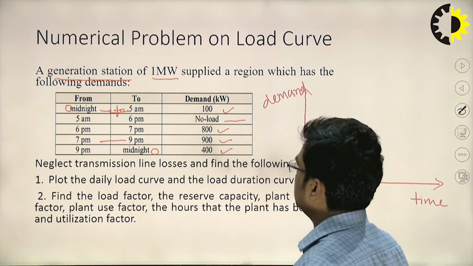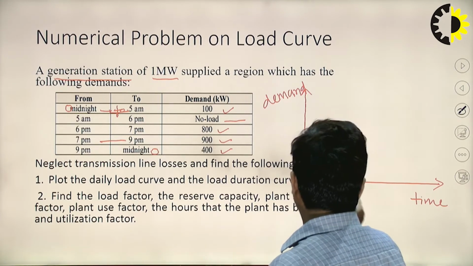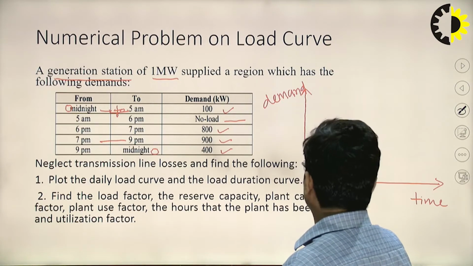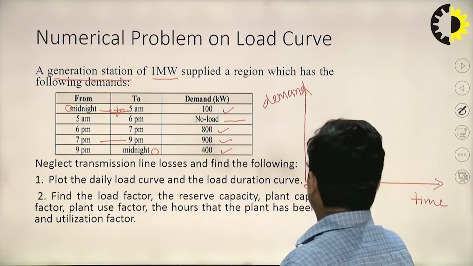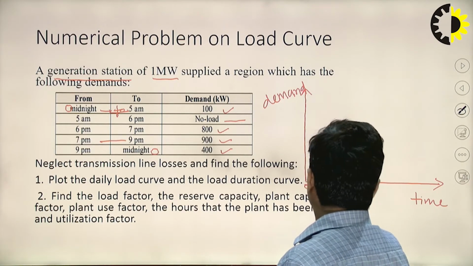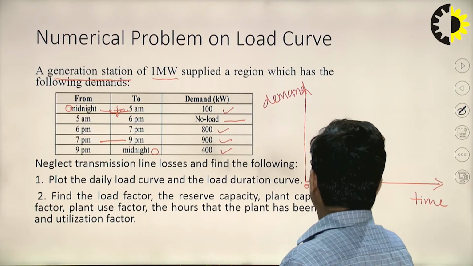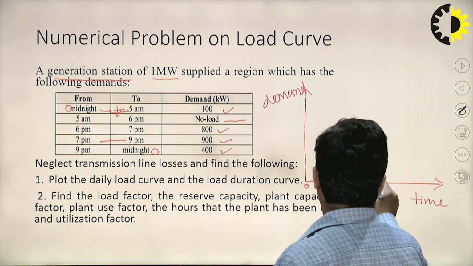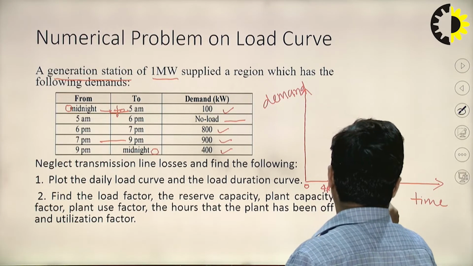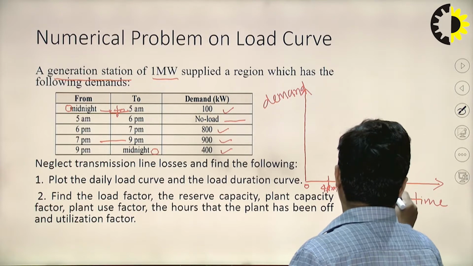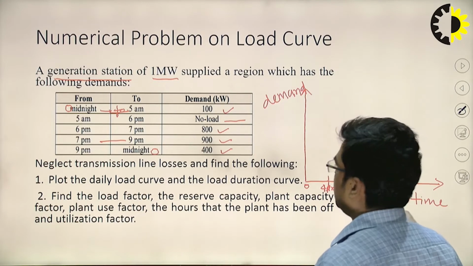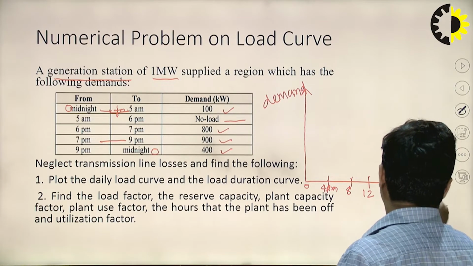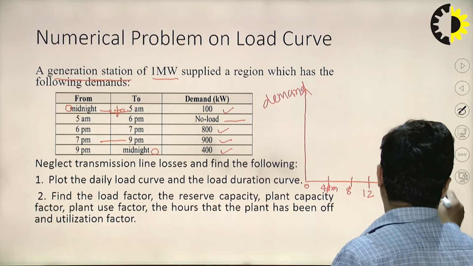Let's suppose it is 0. We can divide it into 4 sequences or 2 sequences: 4, 8, 12, then 4 pm, 8, 12.